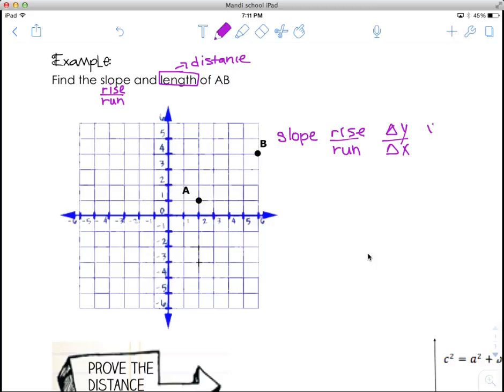Or sometimes people use the equation y2 minus y1 over x2 minus x1, which is really the same thing as the change in y, the difference in y, over the change in x, or the difference in x. So let's write the coordinates of our 2 points here. Point A is at (2, 1). Point B is at (6, 4).